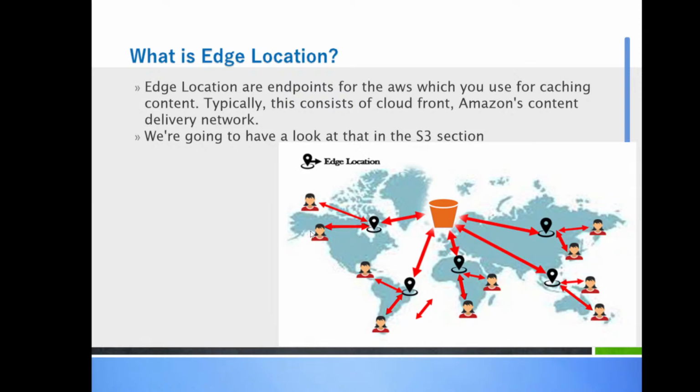They are simply used to store temporary files or caches. Clear? So they are separate entities, they are not actual data centers. We are going to learn in detail about this in CloudFront, which is a section we are going to cover in S3.